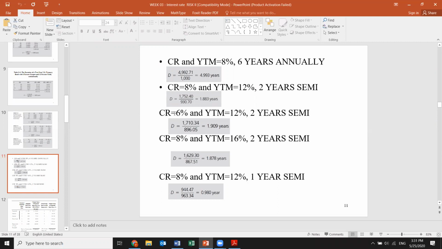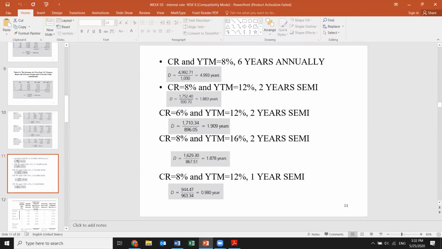Then we proceeded, reducing the coupon rate. And what happened? If you reduce the coupon rate, that increased your duration. So there's an inverse relationship between coupon rate and duration. Then we kept our coupon rate the same at 8%, but increased the YTM to 16%.